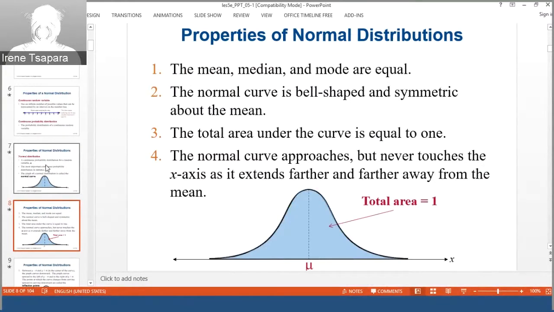Well, first of all, just to make sure that we understand, there is not only one normal distribution. There are infinite normal distributions. A distribution depends on its variable. The variable can be, for example, the height of 14-year-old girls in the United States.